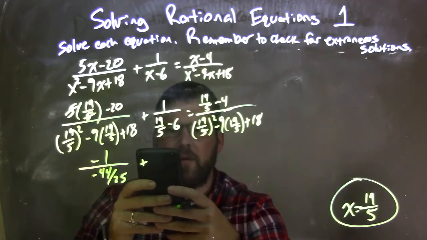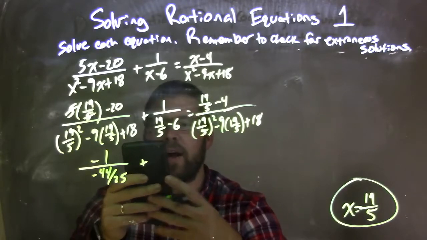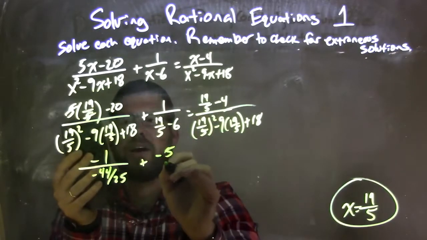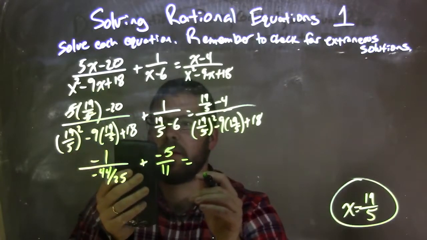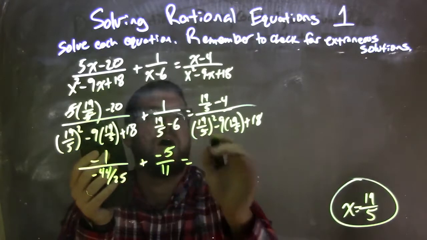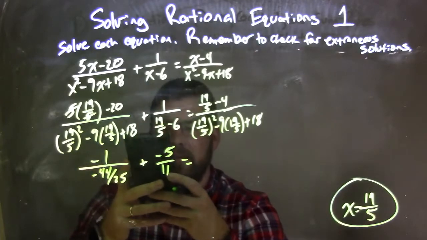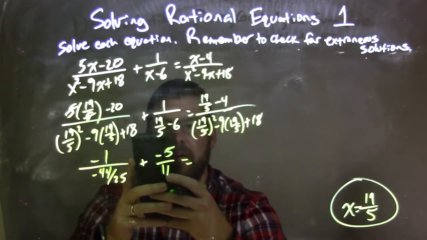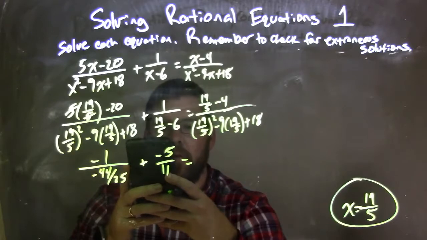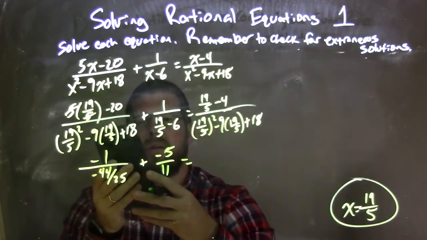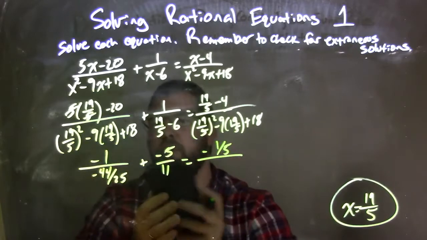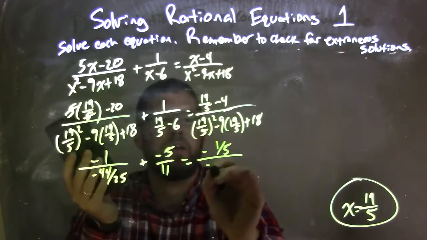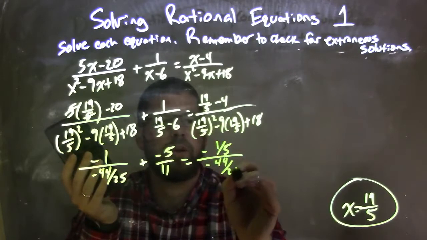The denominator comes out to be a fraction here of negative 5 over 11, equals this here, 19 fifths minus 4. The numerator comes out to be a negative 1/5 over the denominator, which we already found right here to be negative 44 over 25.